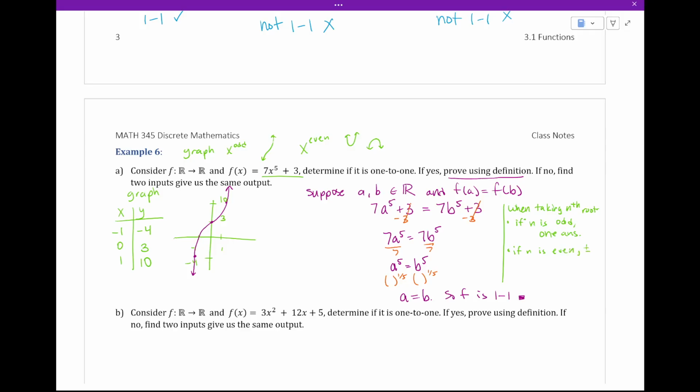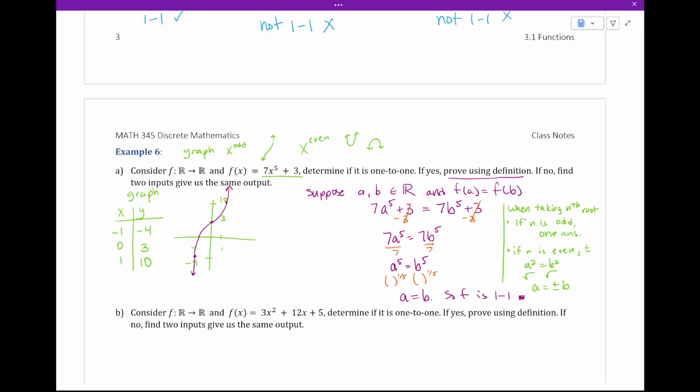You have the plus or minus. Like when you square root something like a squared equals b squared, you have the plus or minus b. That's where the plus or minus in the quadratic formula comes from. So when you're doing these ones with x's to certain powers, check the odd or evenness, because that's really going to make a difference.